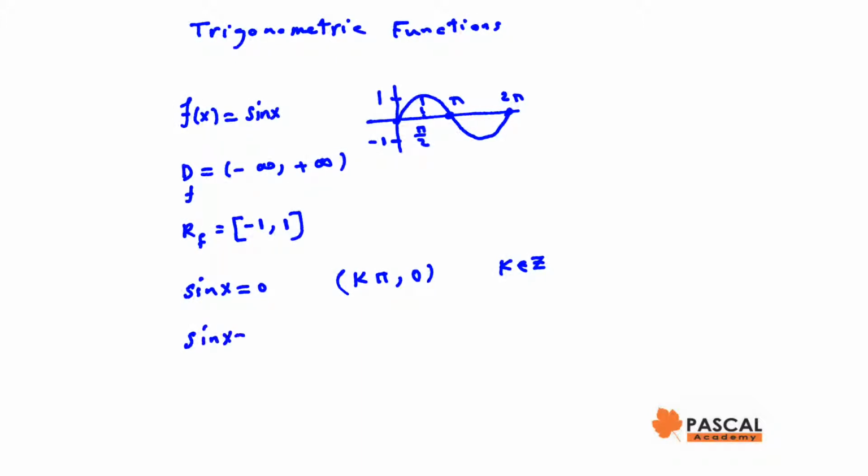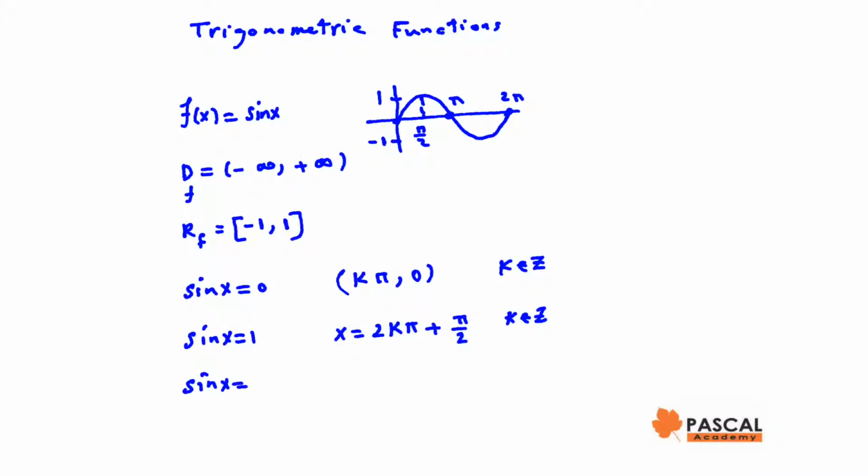If sine of x is 1, x is pi over 2 plus 2 pi, 4 pi, minus 2 pi, and so on. This means x is 2k pi plus pi over 2 when k is an integer.